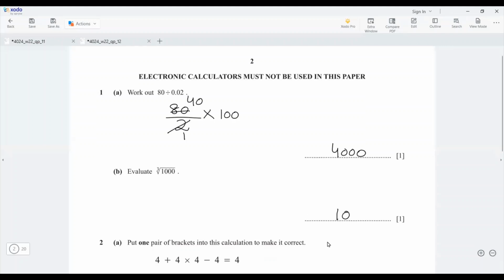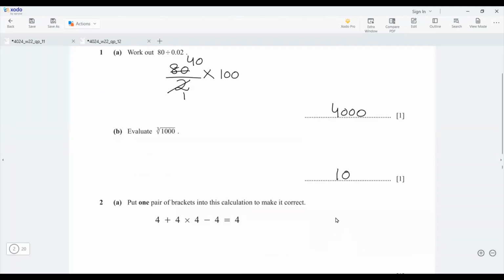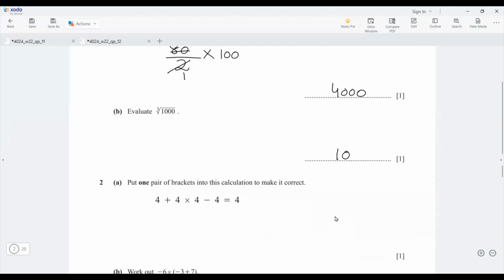For the very next question, we have to apply the order of operations, meaning which operation must be used first. We have to use one pair of brackets in the calculation to make it correct.